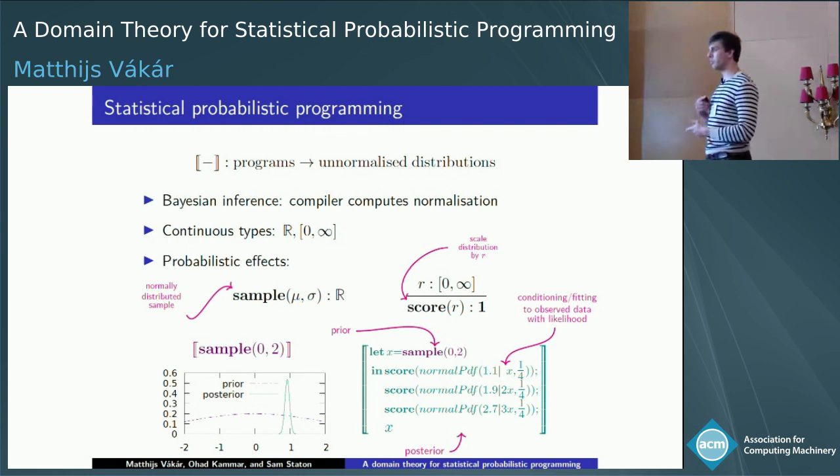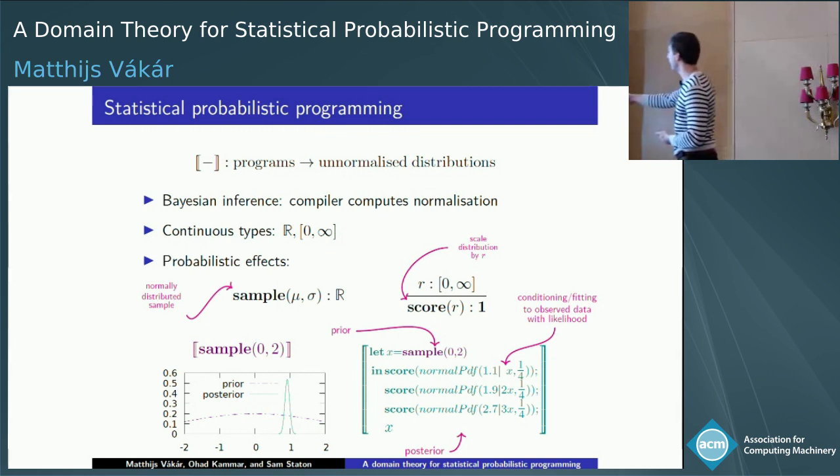Then we have two computational effects that we use to specify these probability distributions that make these languages go beyond ordinary functional languages. One you're probably very familiar with, and it's just sampling, or drawing random numbers. So here we have a sampling construct, sample(mu, sigma), that draws a random number from a normal distribution with mean mu and standard deviation sigma.